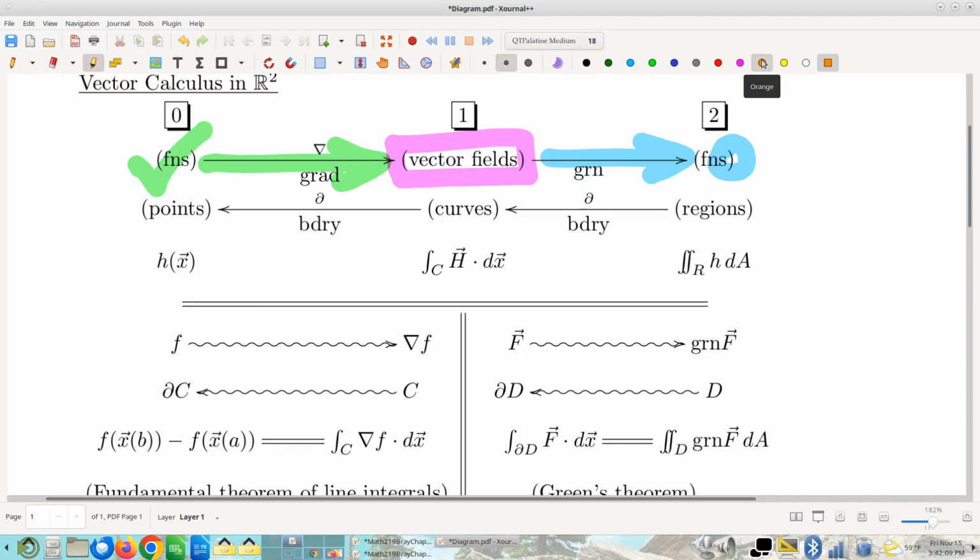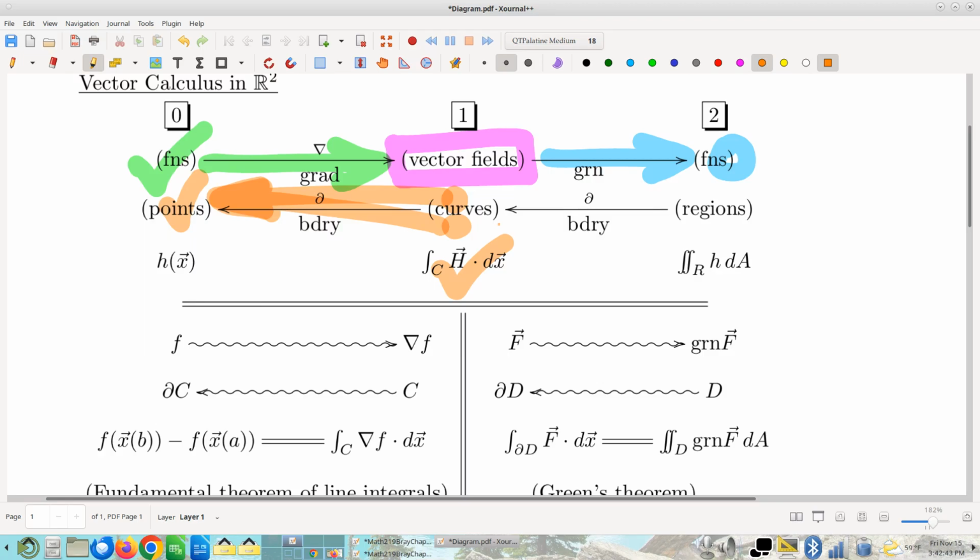I'm going to represent path independence as having the feature that when you have two curves that have the same boundary points, in other words, they start at the same starting point and they end at the same ending point, those two line integrals of the special vector fields will always give you the same value. Right, so this is how I like to draw path independence.